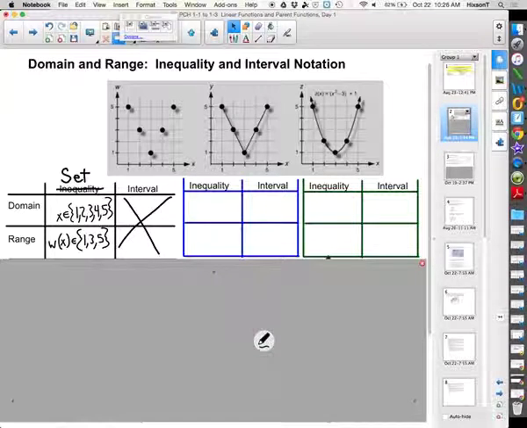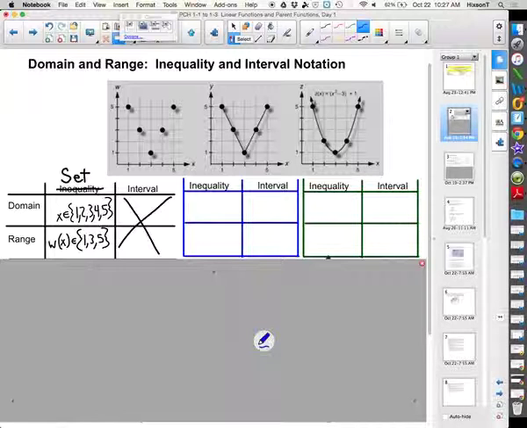So we actually can't write interval notation for this w of x. All right, it's just individual values. However, when we get to this second one here, we actually can, because these points are connected, we can come up with intervals.